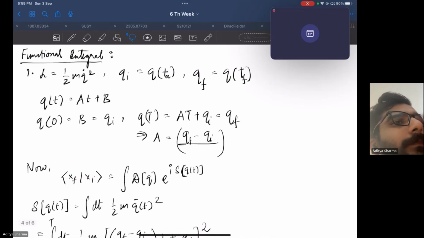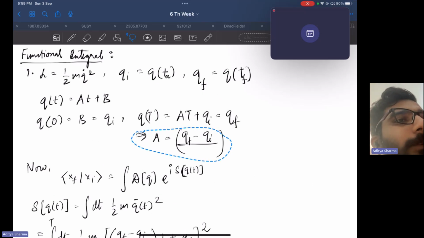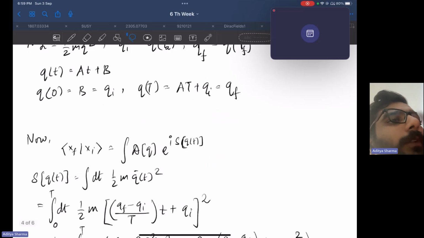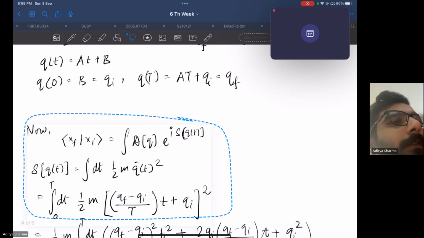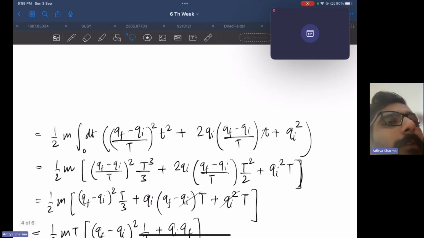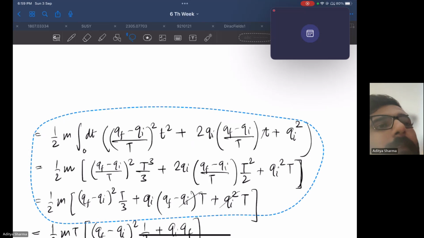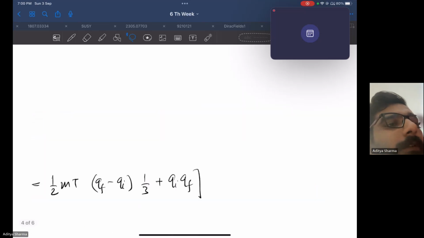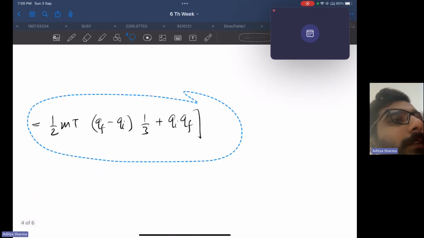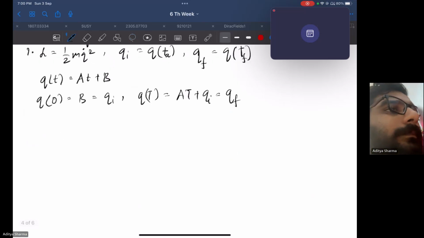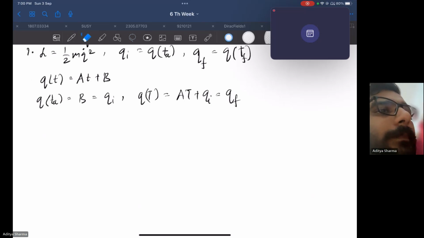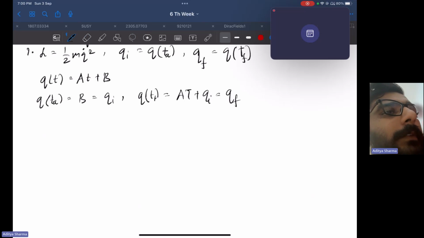There's been a slight mistake. I'm not going to put that 0 because I'm going to use a property of the kernel later. Whatever we have done is correct only, but I just wanted to do something else. So TA, and this is TB.